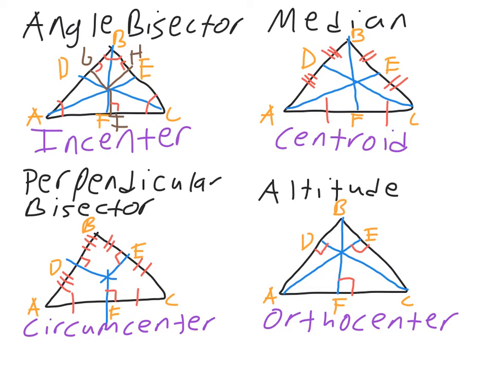So let's call our center J, and that means we would have line segment GJ is congruent to line segment HJ, which is congruent to line segment IJ.